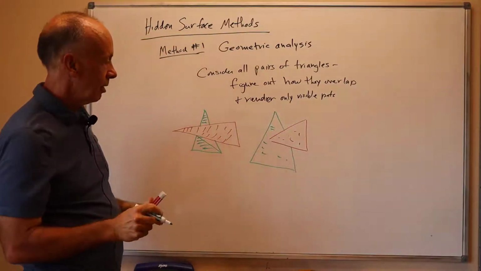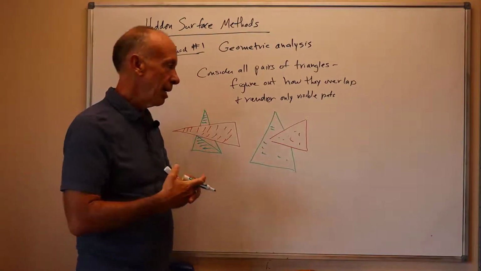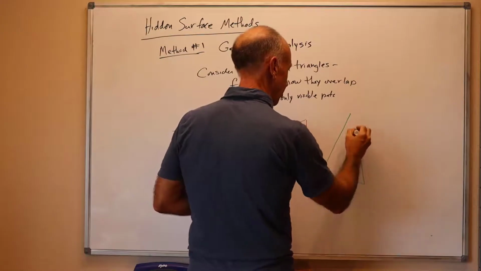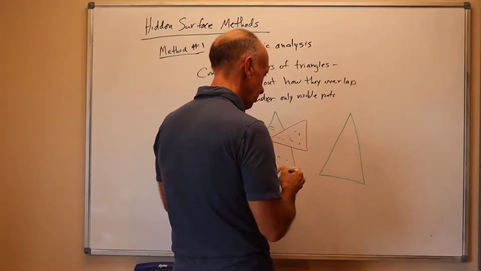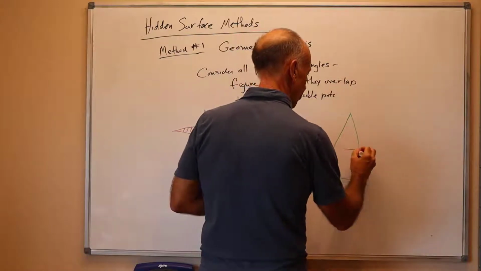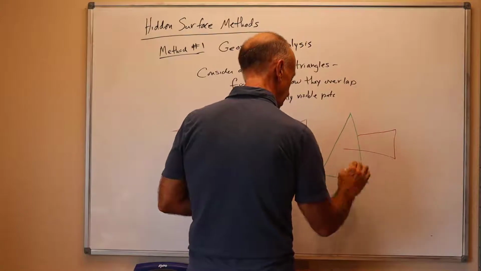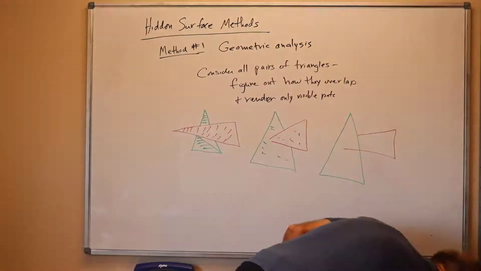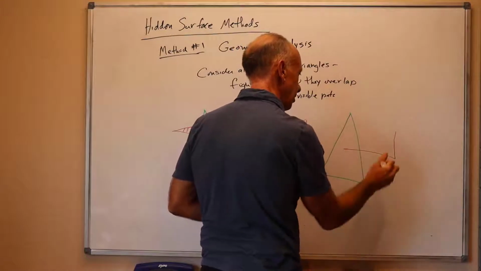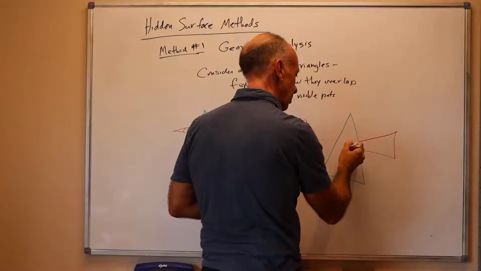And we could even have a more complicated thing where the green triangle and the red triangle interpenetrate each other. Let me see if I can draw that here. So here's the green triangle, and it's not entirely behind the red triangle. The red triangle sticks into it. So the red triangle, let me draw it sort of at an angle, and it sticks in, but not entirely.